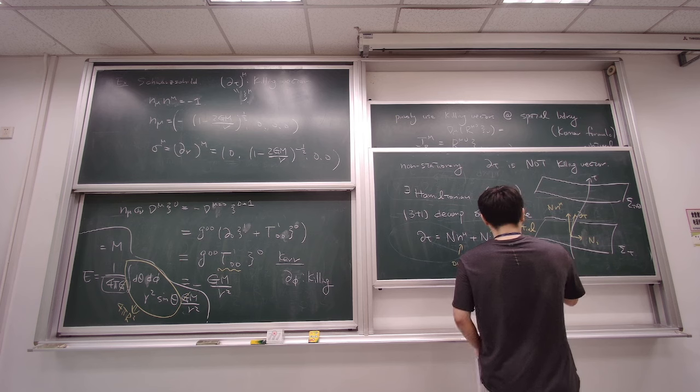Then the metric can be written as follows. ds squared is equal to minus N squared dt squared plus qij, and then dxi plus ni dt times dxj plus nj dt, like this way.